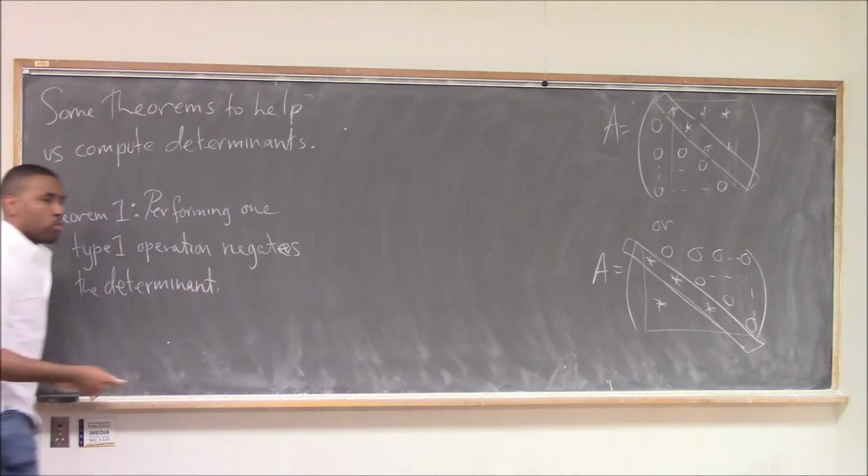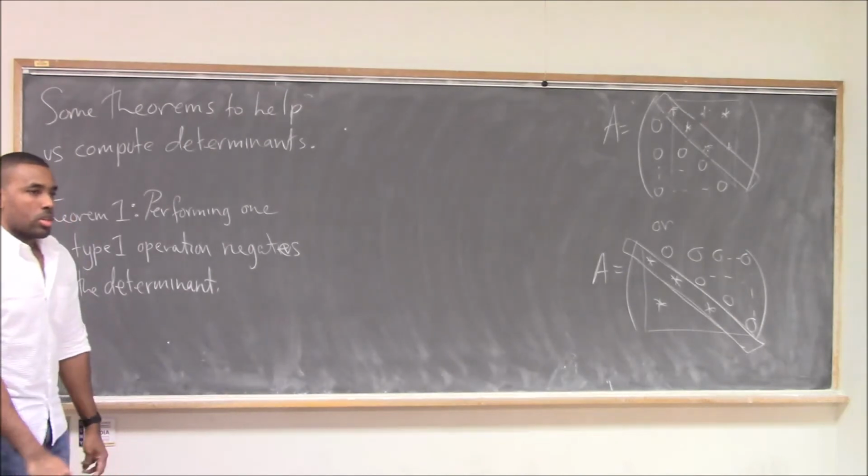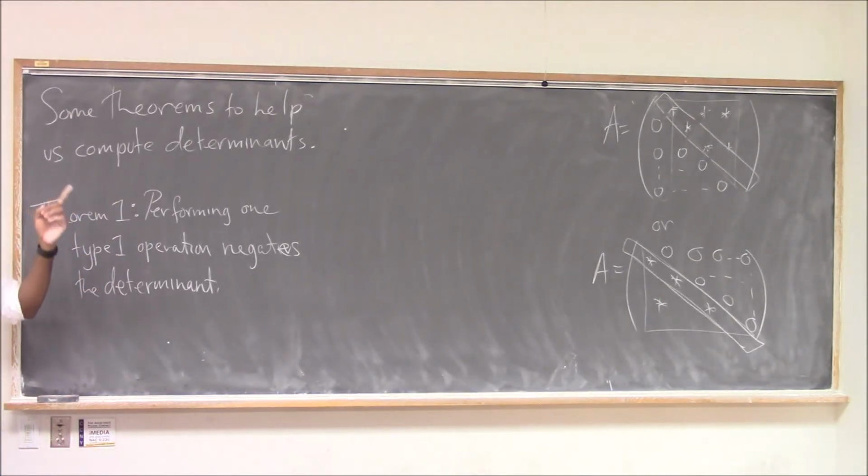You might remember a type 1 is when we switch two rows. So let's say you have a bunch of zeros, but they're not all lined up. You want to get them to line up, and you can do that by switching a bunch of rows. You need to be aware every time you switch a row, it multiplies the determinant by a negative sign. And so that way you can keep track of what the answer would be.